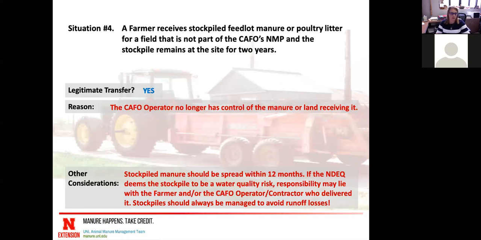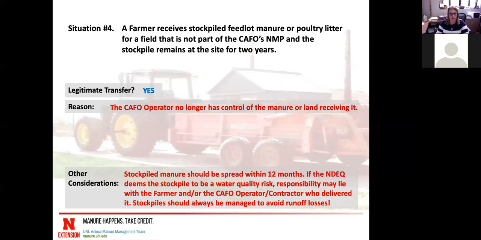So I don't know of any definite situations where the farmer was held accountable or the CAFO operator was held accountable. But the point is, when the CAFO operator delivers that or has it delivered by a contractor, they should keep in mind the basic rules of storing that manure so that it's not a water quality risk.